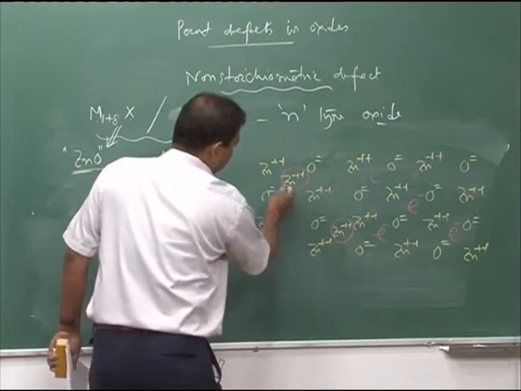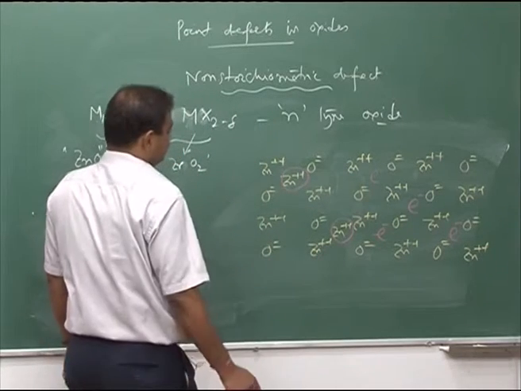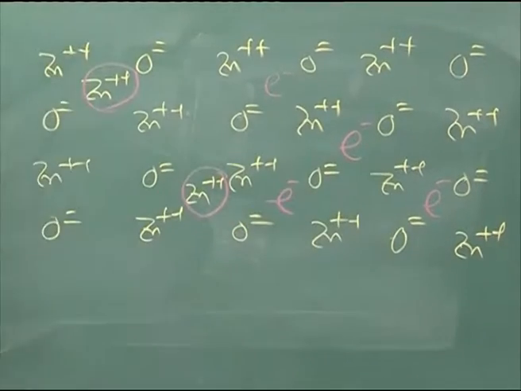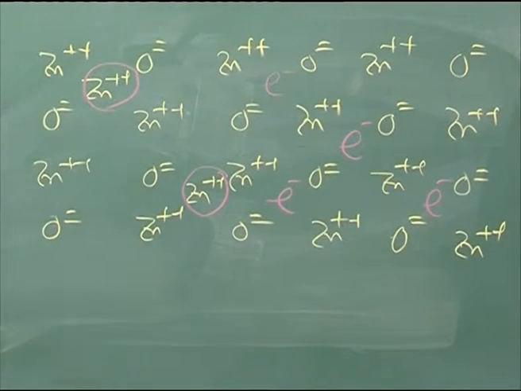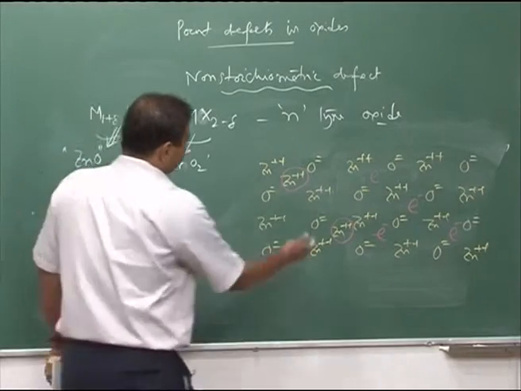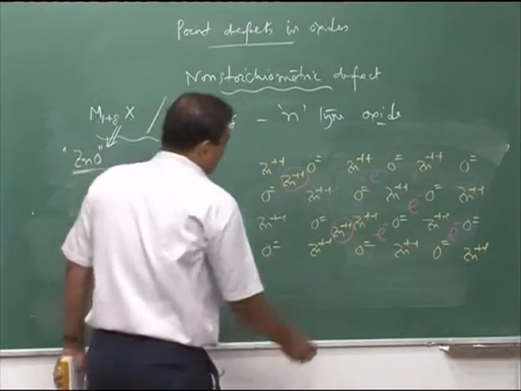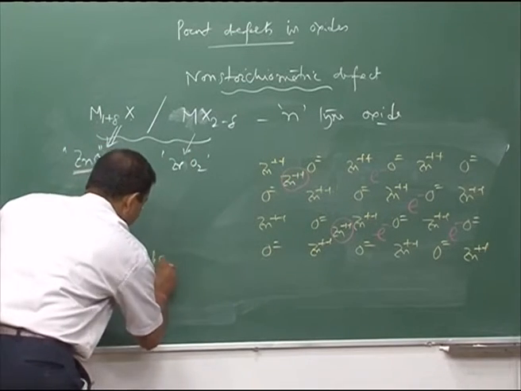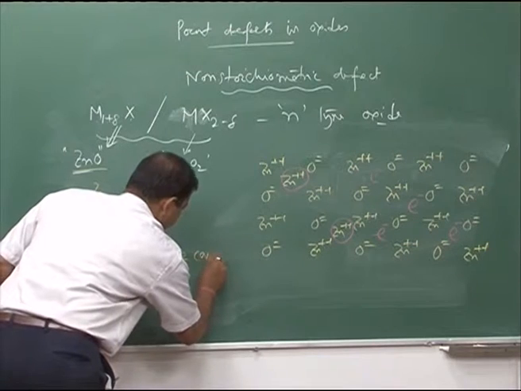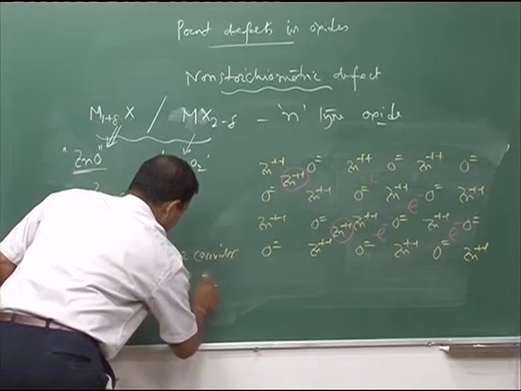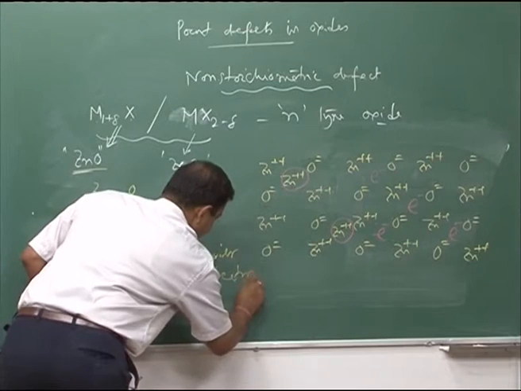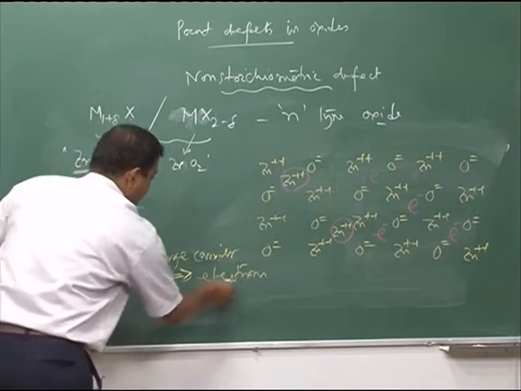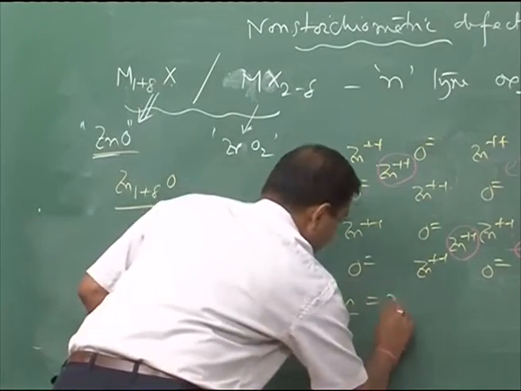So, these are 2 cations in the interstitial position, and there will be 4 electrons which will neutralize the entire system. The charge carriers in this case are electrons, and that is why this is called N type.